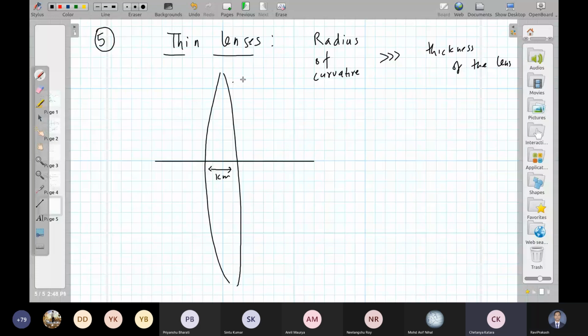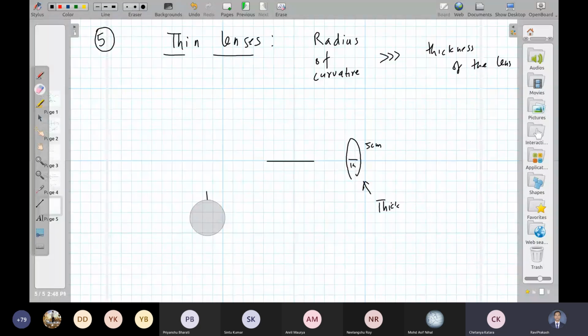If you have a lens of 1 centimeter thickness and the radius of curvature is around 5 centimeters only, then the same lens is a thick lens now. So the concept of thin and thick comes from the ratio of these two. Now when we have thin lenses, what benefit do we get?